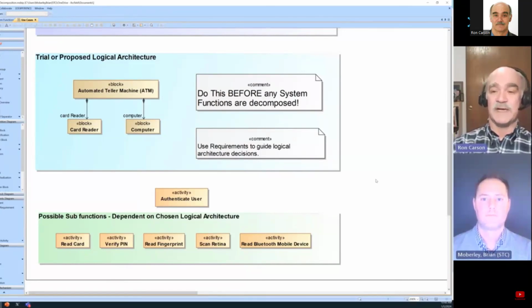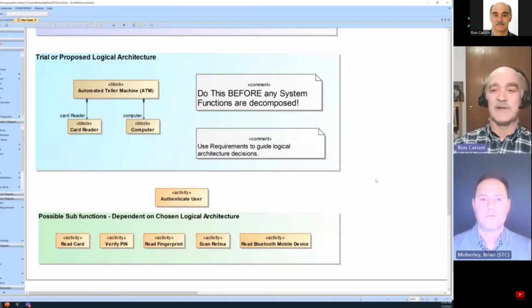And then the computer would receive all that input and make a decision. And then if it's valid, in other words, if the PIN matches the information on the card, then the computer would prompt the display to display the transaction options. So it's all based on input-output transformations.